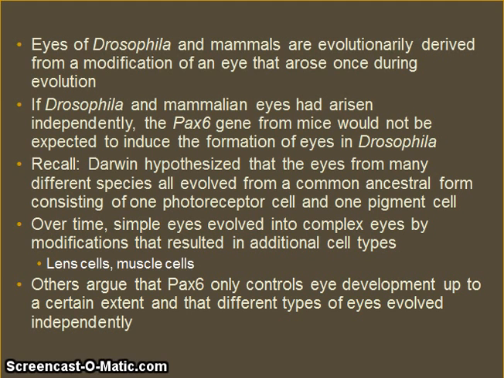And we now know today that this is true. However, other researchers argue that Pax6 only controls eye development up to a certain extent, and that different types of eyes evolved independently, but that's only a small minority of them.